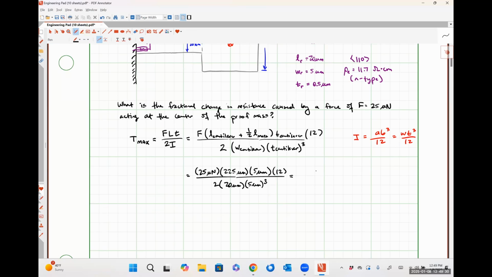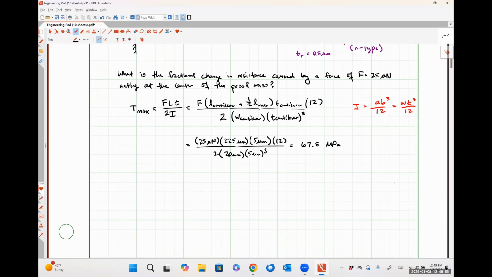And if I did my units correctly, and I'll just assume that I did, this comes out to be 67.5 megapascals. So there is our stress.